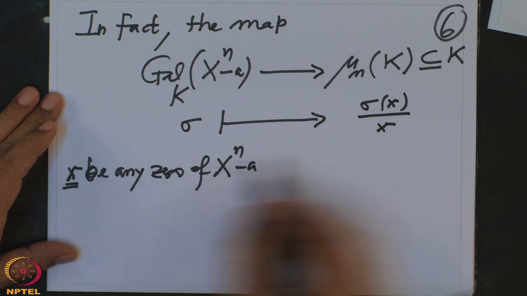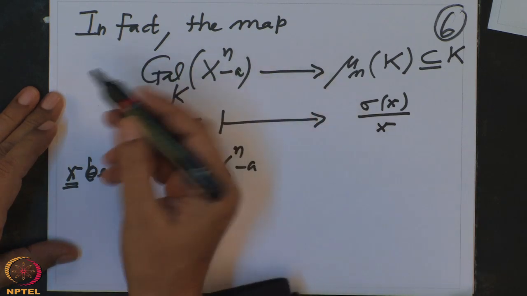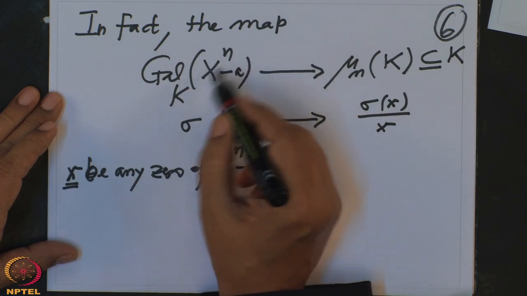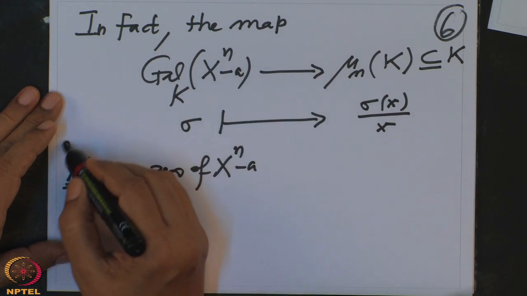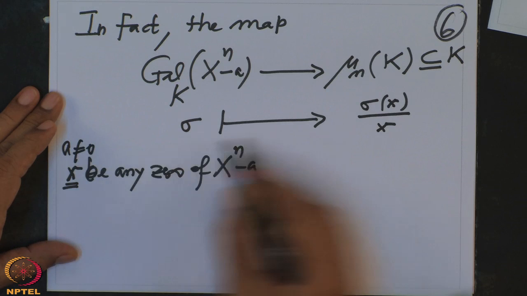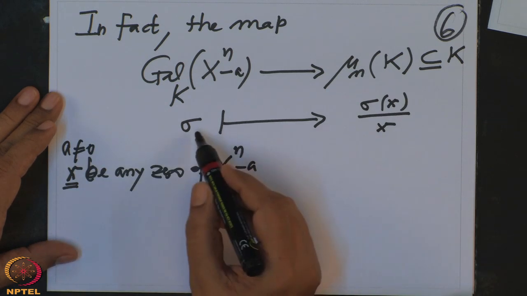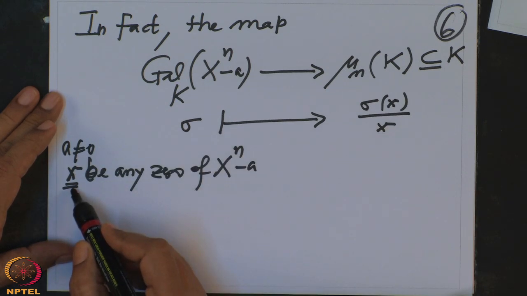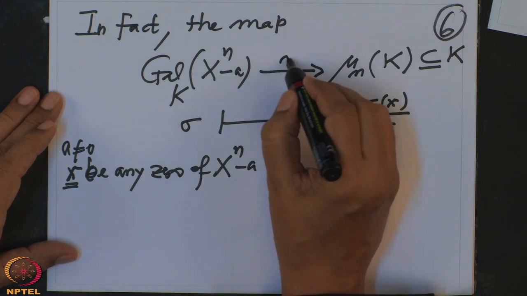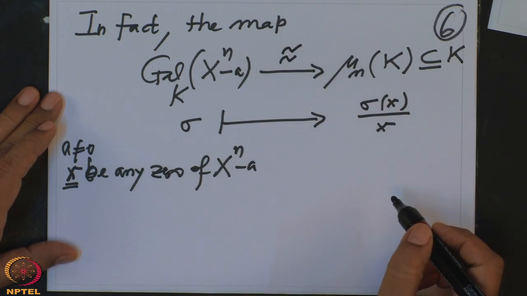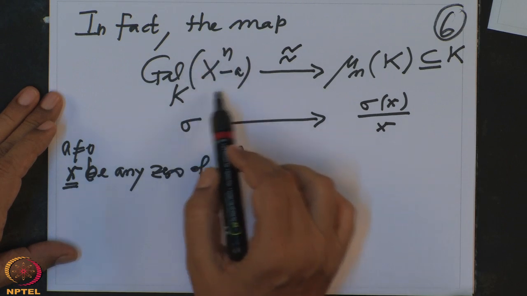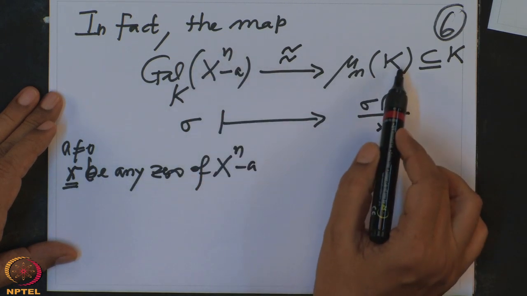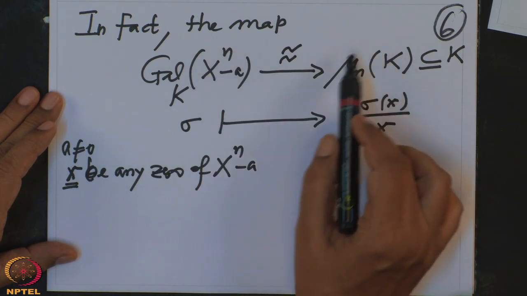First of all, x cannot be 0 because it's a root of this, and a is non-zero because it's an irreducible polynomial. Look at this map. First of all, this map doesn't depend on x, and this map is an isomorphism. So that proves that the Galois group of this polynomial is cyclic.